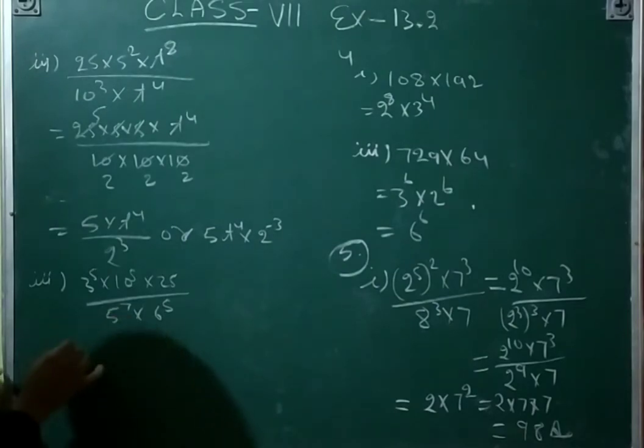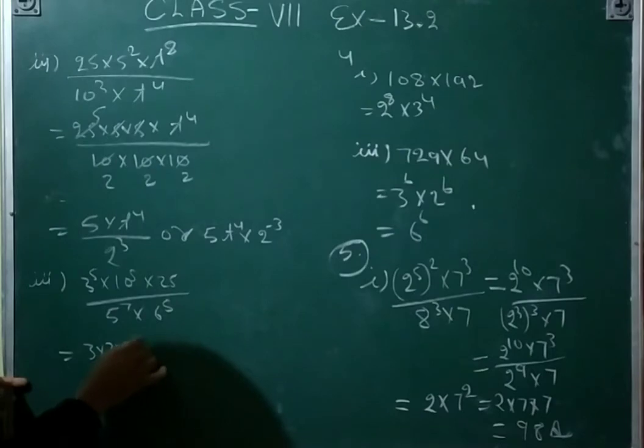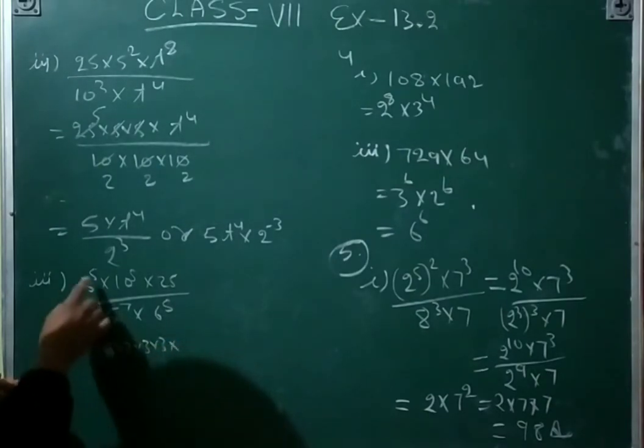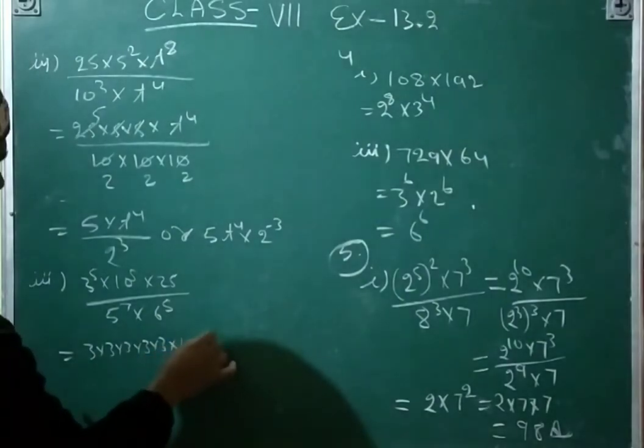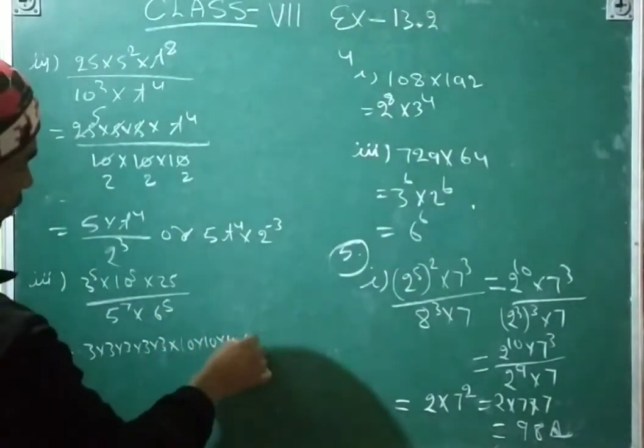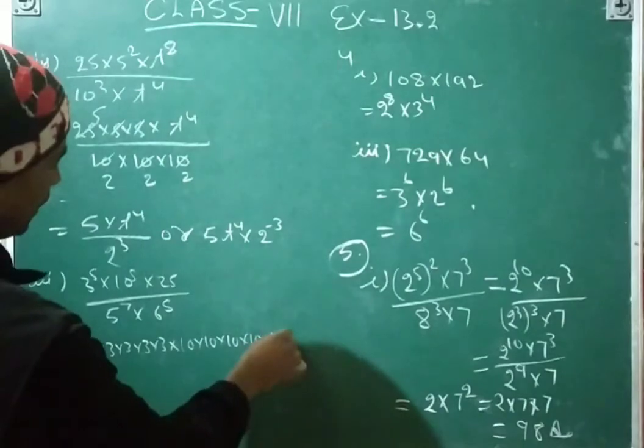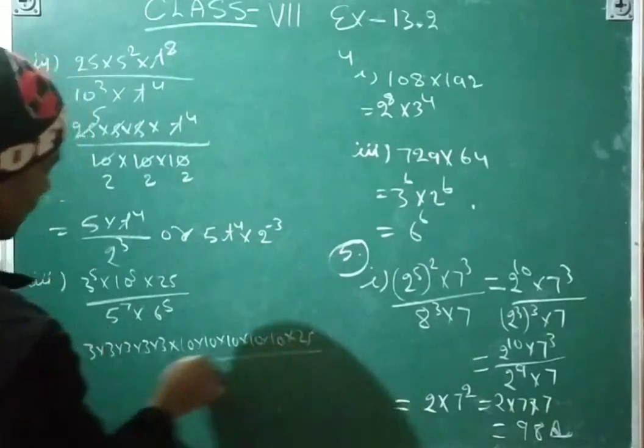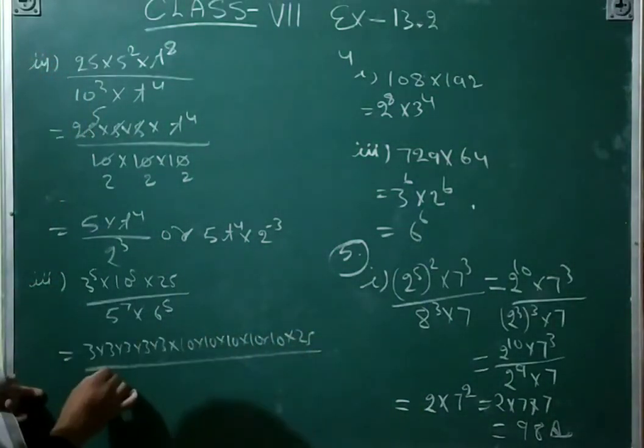So that simply we will write 3 into 3 into 3 into 3 into 3, 5 power is there. 10 into 10 into 10 into 10 into 10 multiply 25. This is a long process but easy.